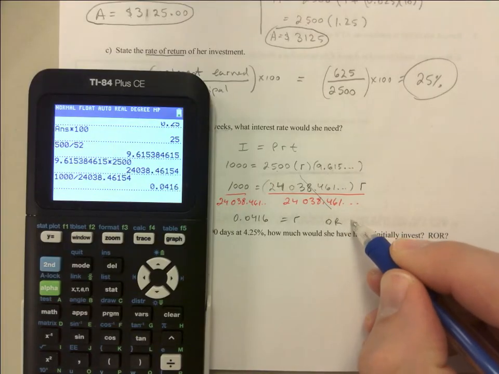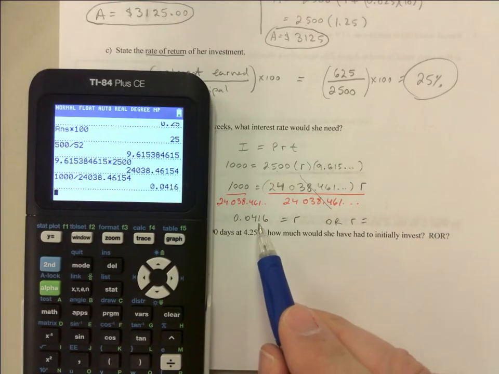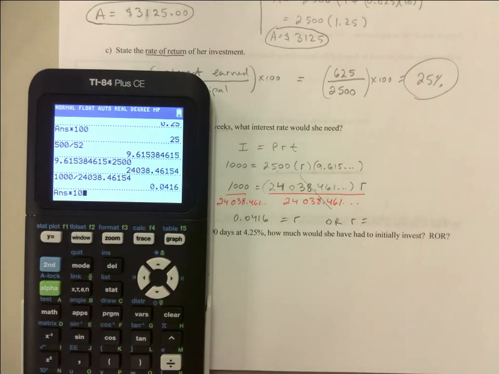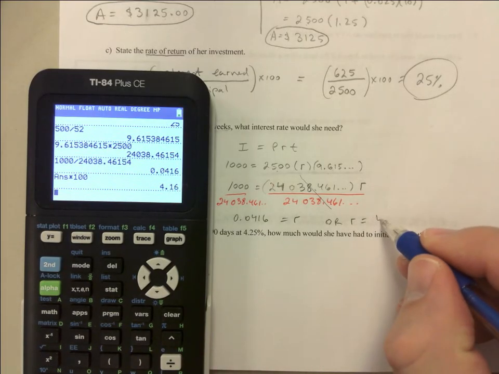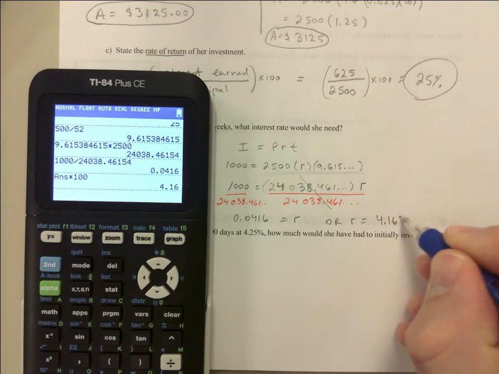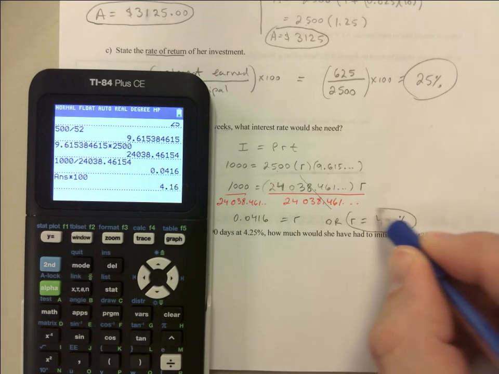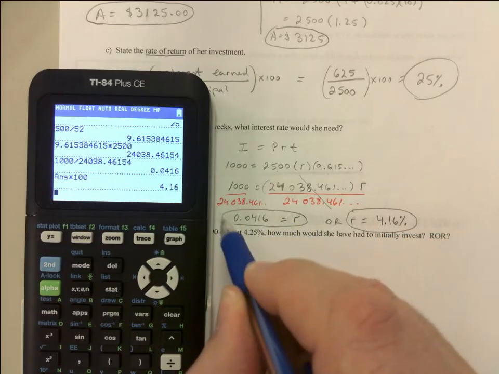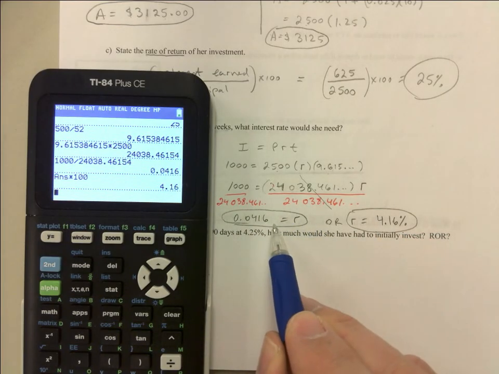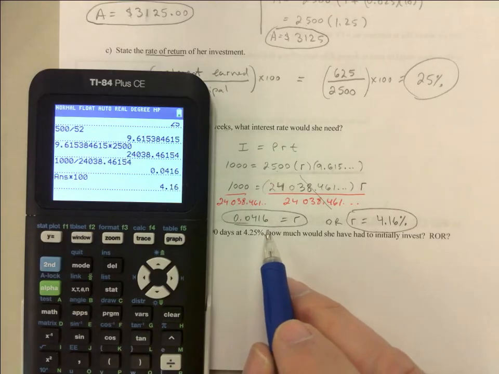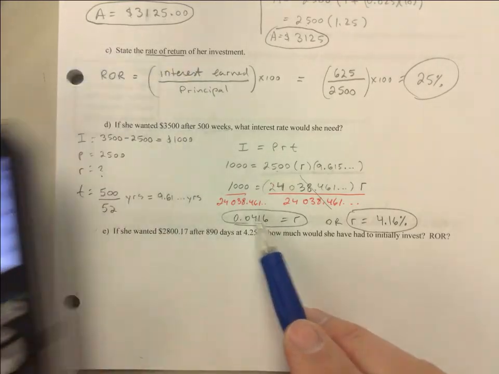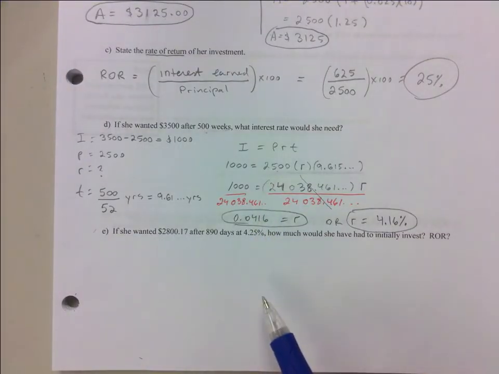Or you can say the interest rate is this times 100, right? If you want it as a percentage. Both are fine. So it's either that or this. Both of them are fine. Unless I tell you I want it as a percentage, you can just keep it like this. Okay.